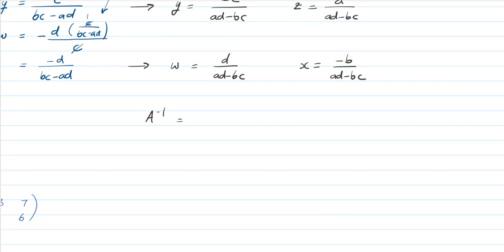A inverse is equal to, it was w, so d over AD minus BC, and then negative b over AD minus BC, negative c over AD minus BC, and then a over AD minus BC.